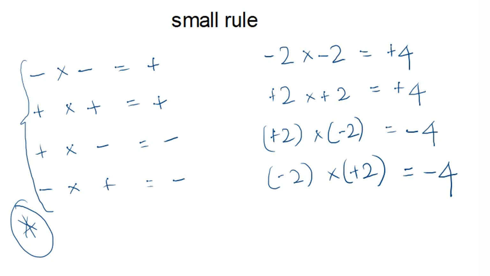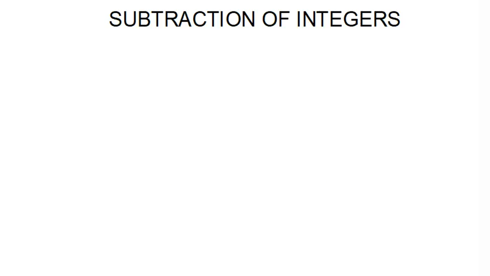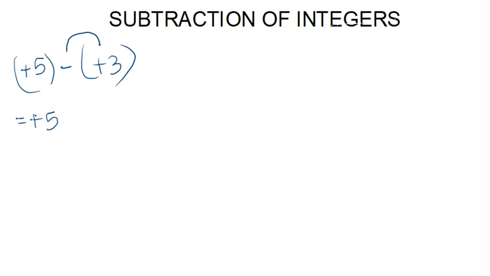So now we'll be looking at the rules of subtraction of integers. If I am given a question like 5 minus plus 3, first plus 5 will be as such, and this minus into plus.